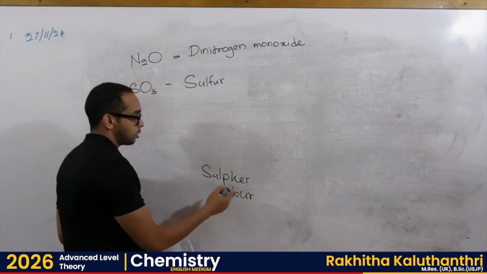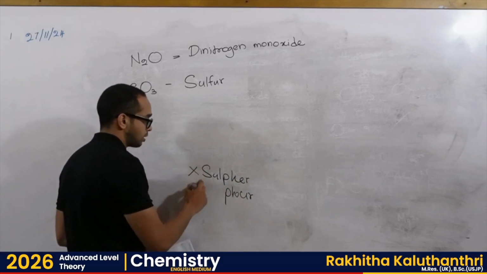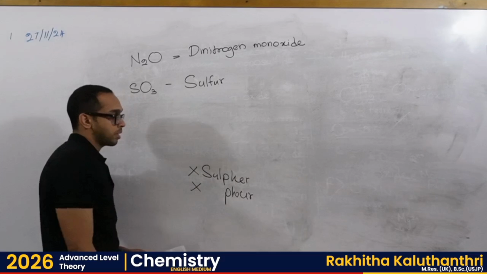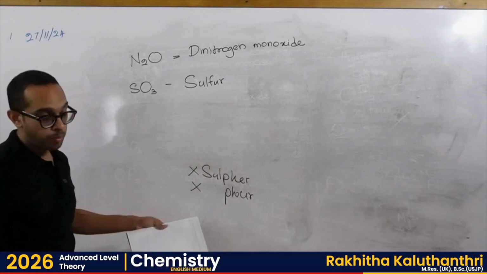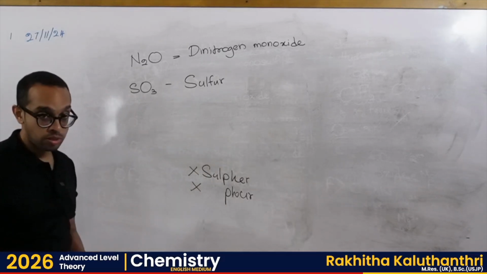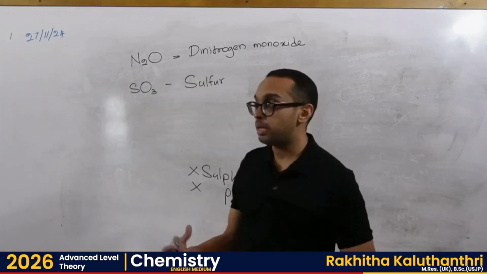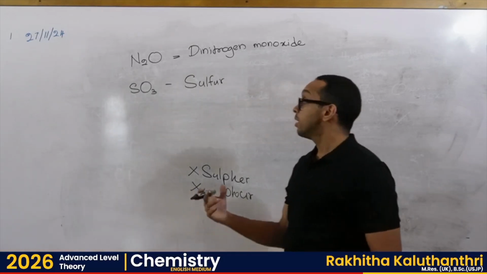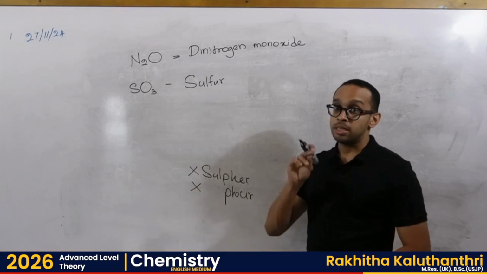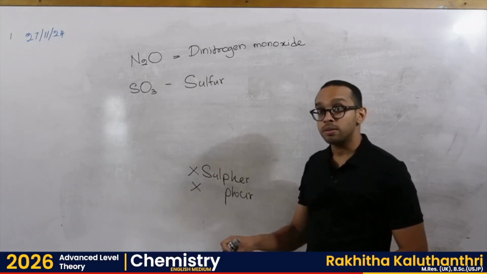Either one is wrong. We don't write the name of sulfur with PH in our syllabus. It is not necessarily wrong in certain other contexts. For example, you might even find in textbooks sulfur's name written as SULPHUR.